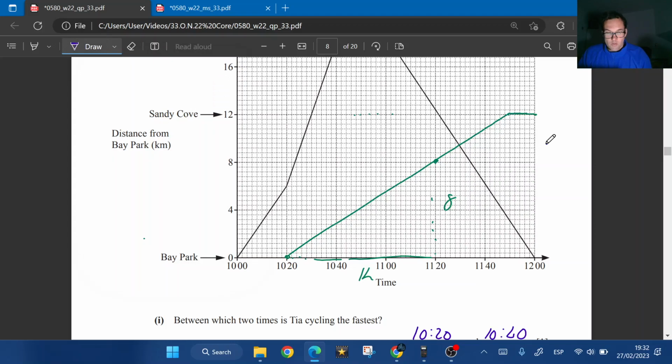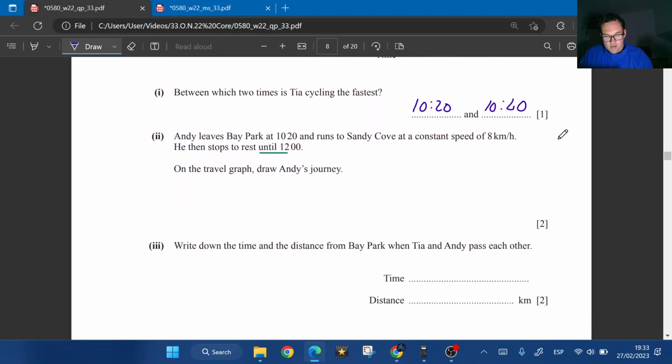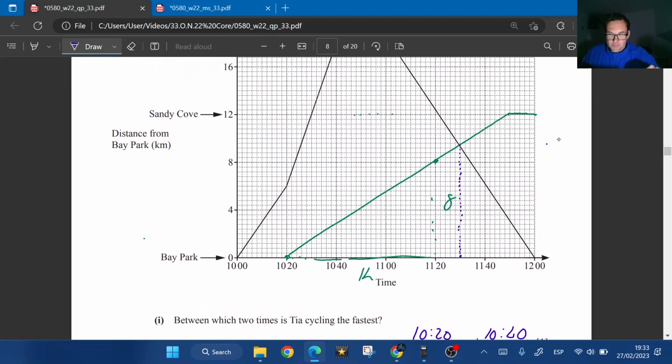Okay, so what would be the time? You see that is exactly halfway between 11:20 and 11:40, which will be 11:30. And the distance, we need to go across.